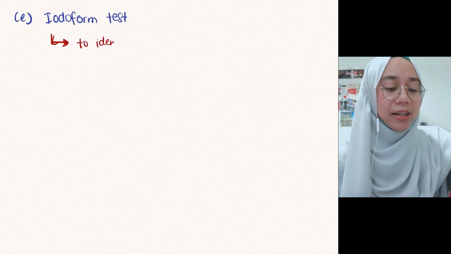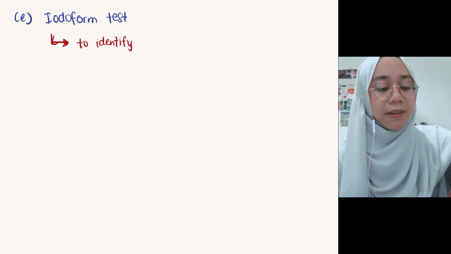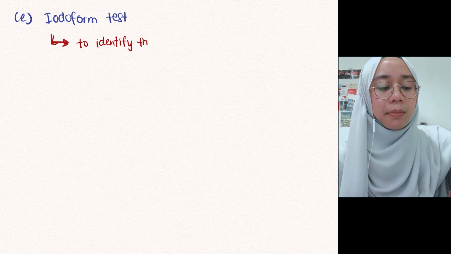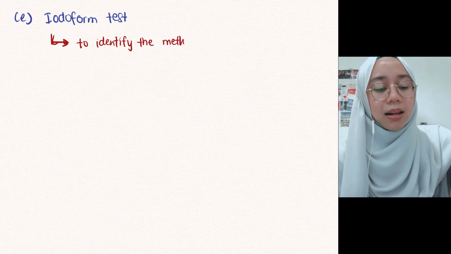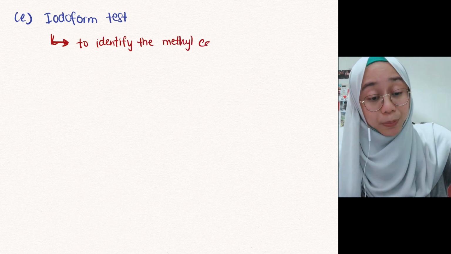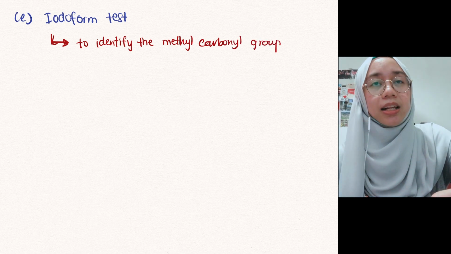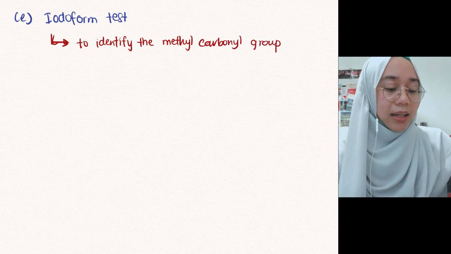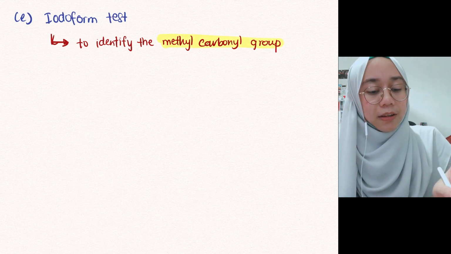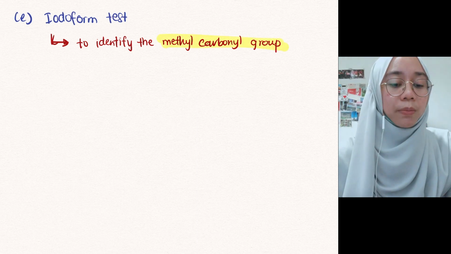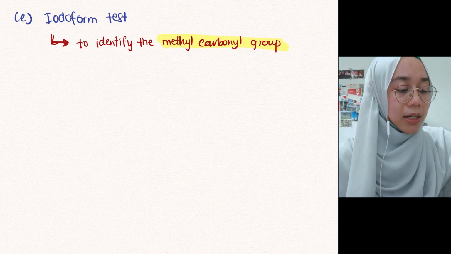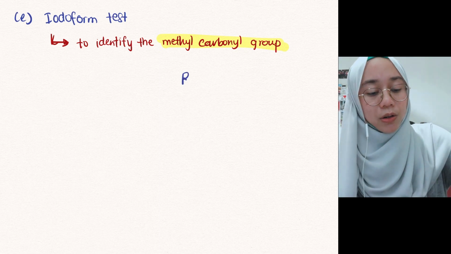So dekat sini dia punya purpose adalah to identify the methyl carbonyl group. Okay, instead of carbinol, dia akan cari methyl carbonyl group dekat sini. Okay, kita identify methyl carbonyl group. So methyl carbonyl group ni rupa dia macam mana? So this is how it looks like.